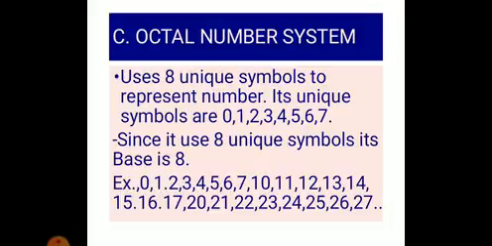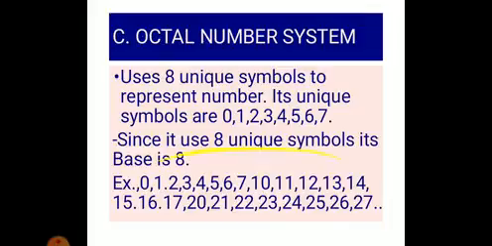In the decimal number system we use 8 and 9 usually, but in the octal number system those two numbers are excluded. Only 0 to 7 are used. Look at the examples shown on the screen, children: 0 to 7, then 10, 11, 12, 13, 14, 15, 16, 17, then 20, 21 up to 27, and it keeps on going.